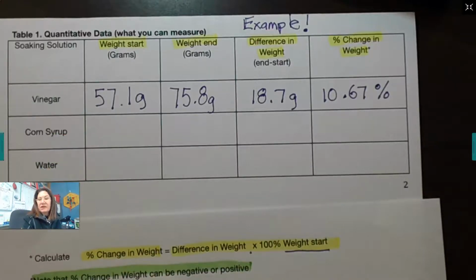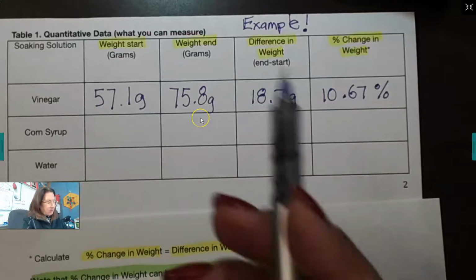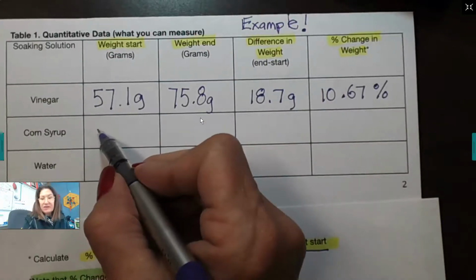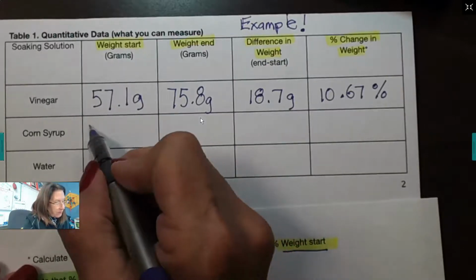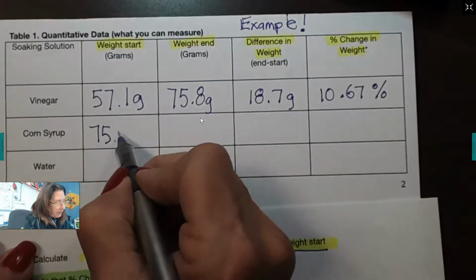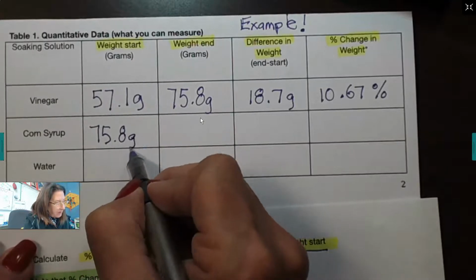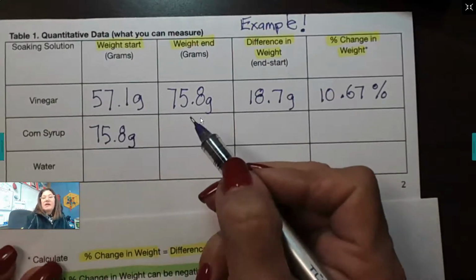So for our next one, let me move this, put it down here. We're putting our egg in corn syrup. So we have our end weight here. And again, this is an example. This is not your numbers. So to get this started, I'm going to put this, because this is what it's going to weigh before I put it in corn syrup. So I'm going to put 75.8 grams. Okay.